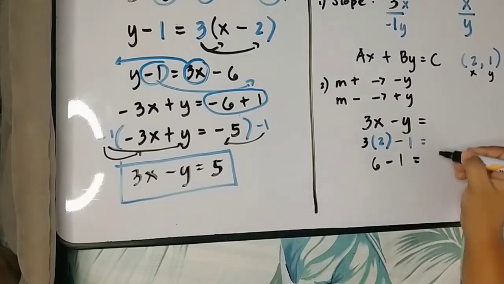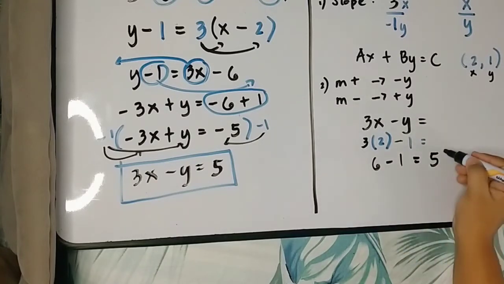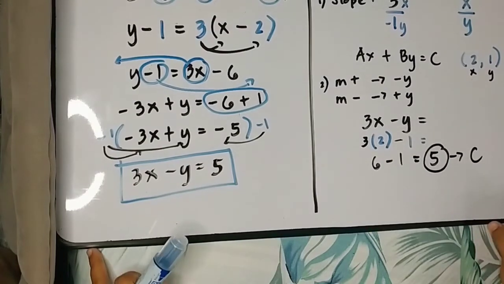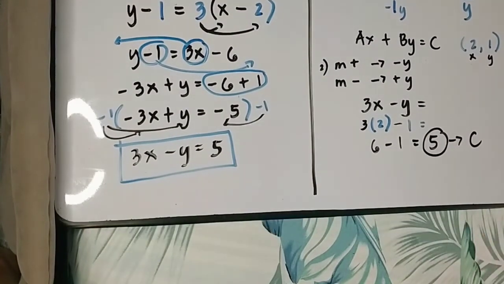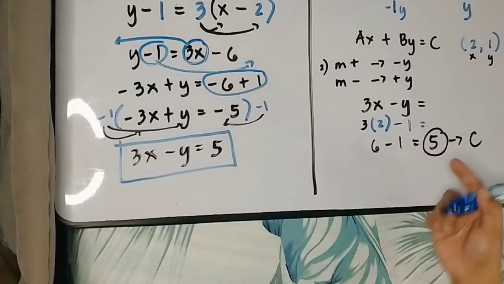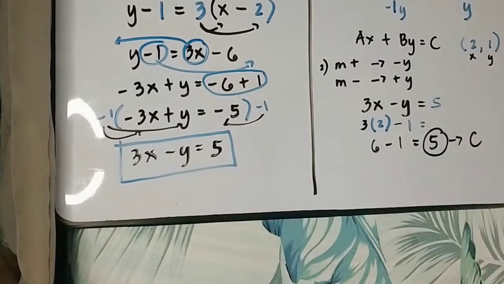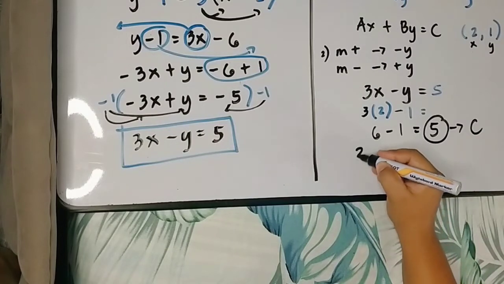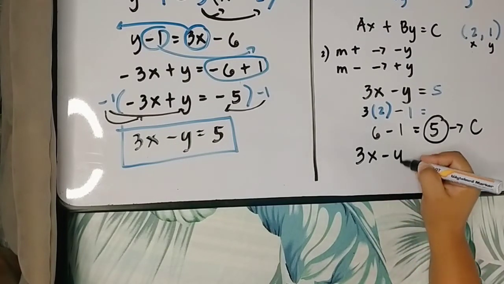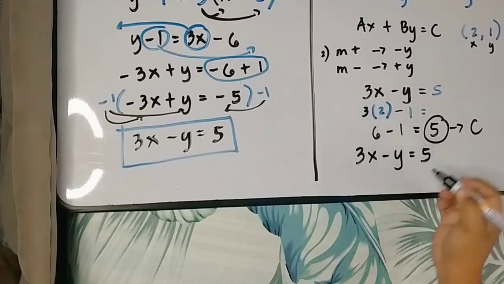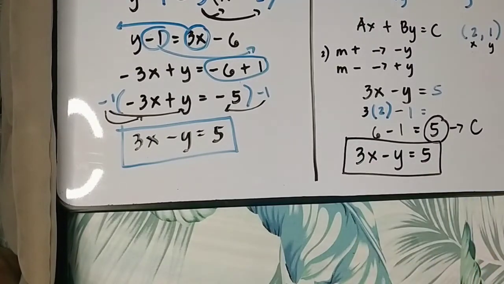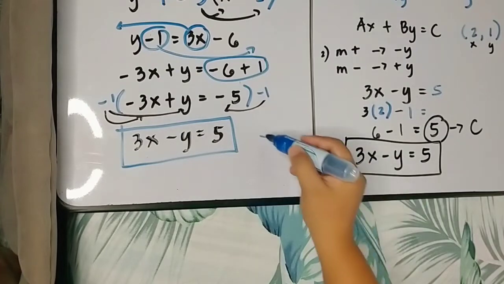So, 6 minus 1 equals 5. Etong nakuha natin, ito ngayon yung magiging c. So, therefore, kumpleto na tayo ng equation. So, c is 5. Therefore, the answer is, we have 3x minus y equals 5. So, diba? Kung napansin nyo, pareho lang ng sagot.